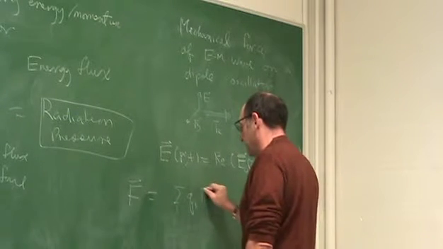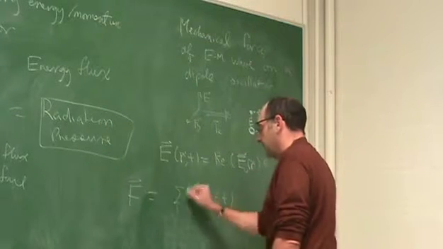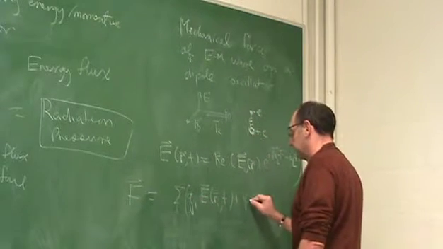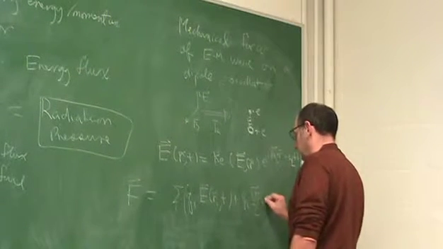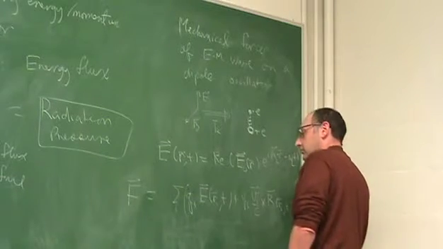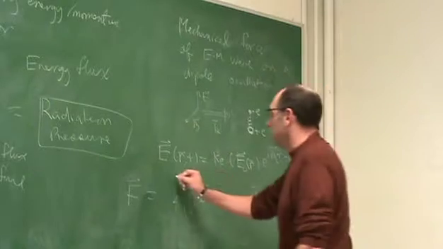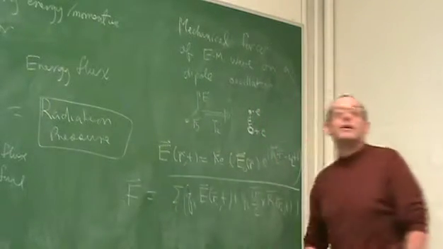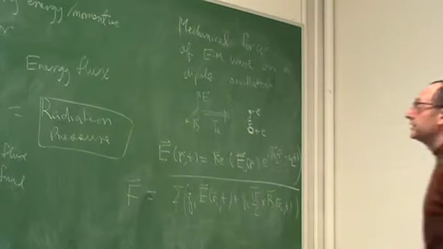Each charge experiences an electric field and a magnetic field, and then we're going to look at this time averaged over a period of this rapid oscillation, just like before.